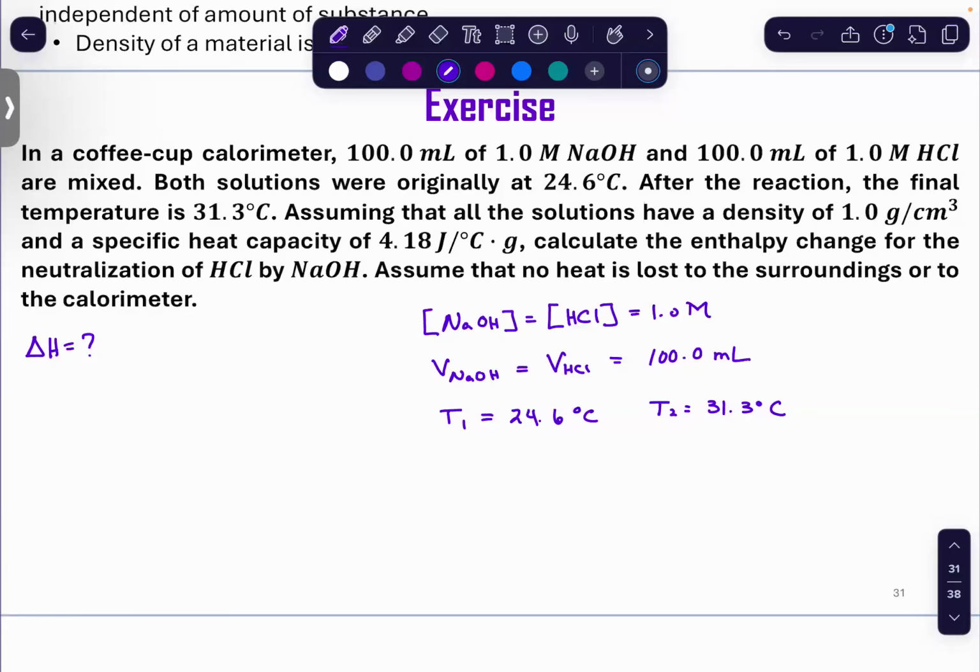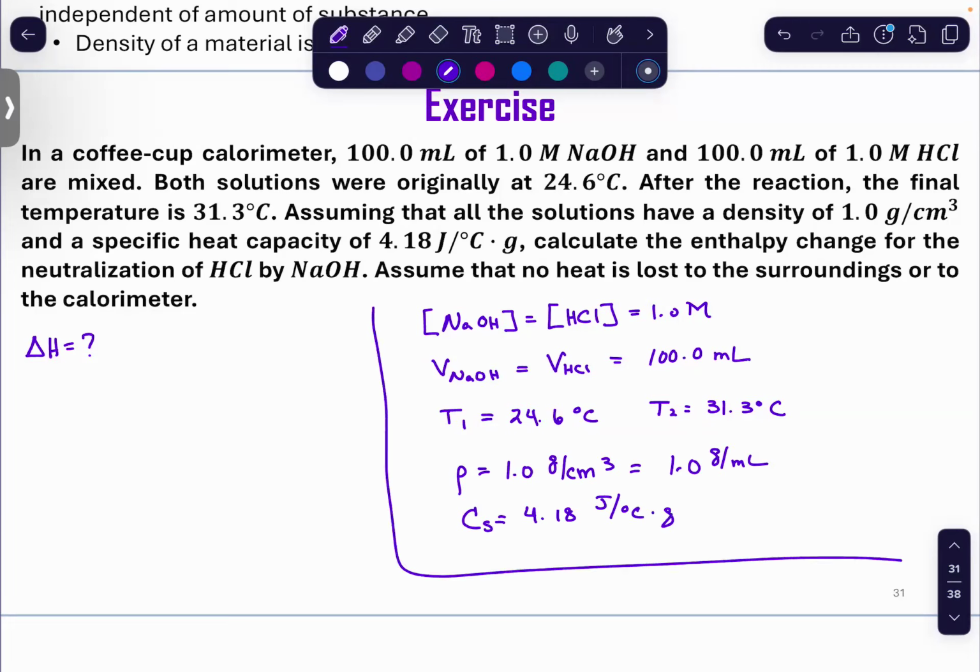Okay, so the density, we know this is also 1.0 grams per milliliter. And our specific heat capacity, 4.18 joules per degree Celsius times grams.